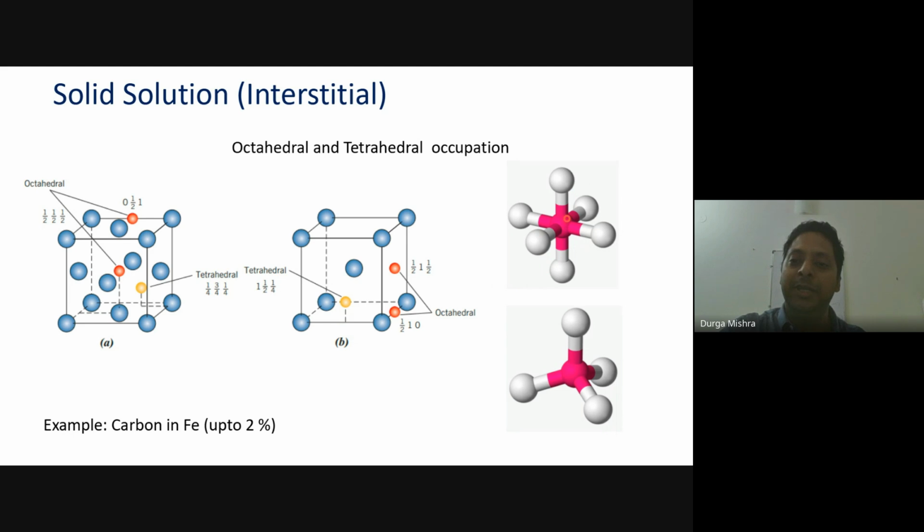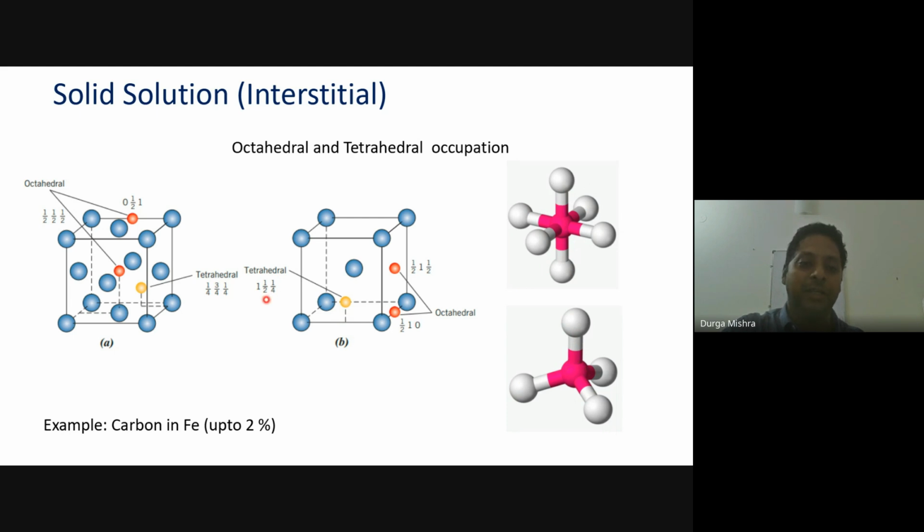If it is coordinated with 6 next nearest neighbors, 1, 2, 3, 4, 5, 6, it will be called octahedral. That is why the name octa. If it is tetrahedral, it is bonded to 4: 1, 2, 3, 4. So this is a tetrahedral atom.